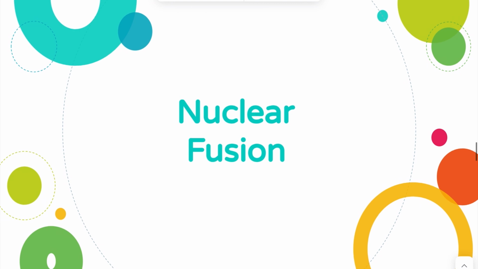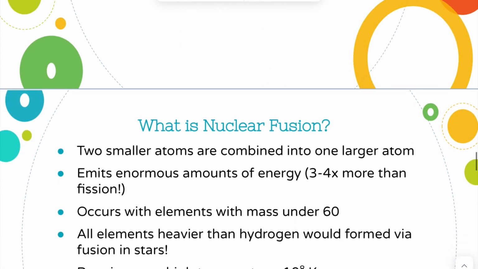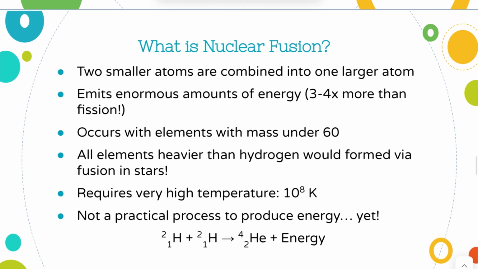We also have nuclear fusion, and nuclear fusion is kind of the reverse of fission. Fusion is when 2 smaller atoms are combined into one larger atom. And this emits an enormous amount of energy, 3 to 4 times more than fission does. We see fusion because these are smaller atoms.